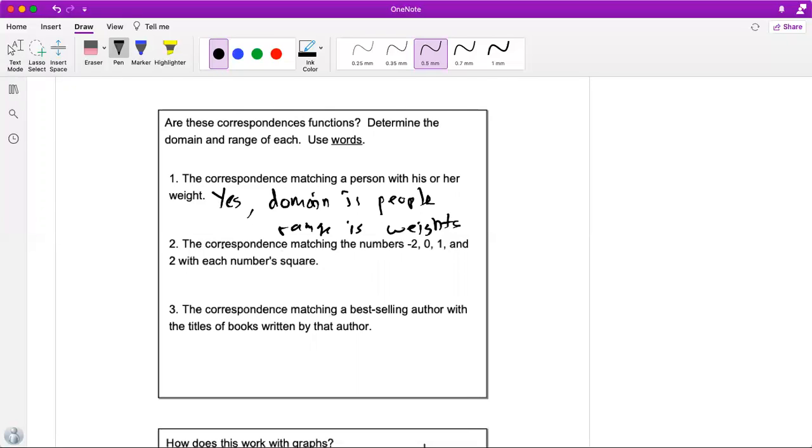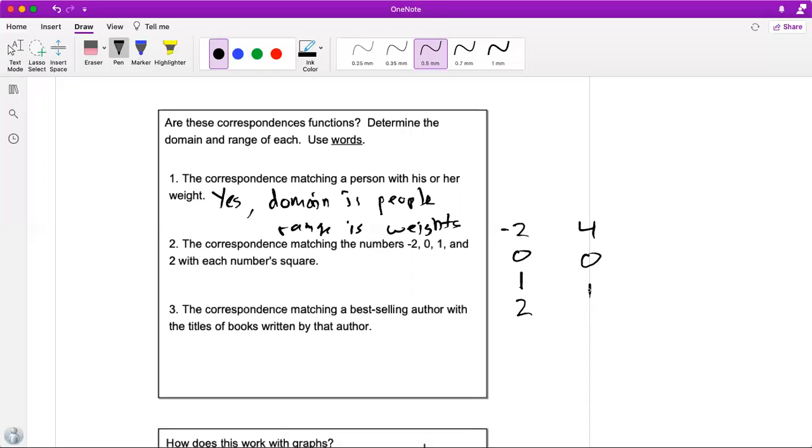Here's another example. The correspondence matching the numbers -2, 0, 1, and 2 with each number's square. So it might be helpful to write this down. Here the domain is -2, 0, 1, and 2. The square of -2 is 4, the square of 0 is 0, the square of 1 is 1, and the square of 2 is also 4.